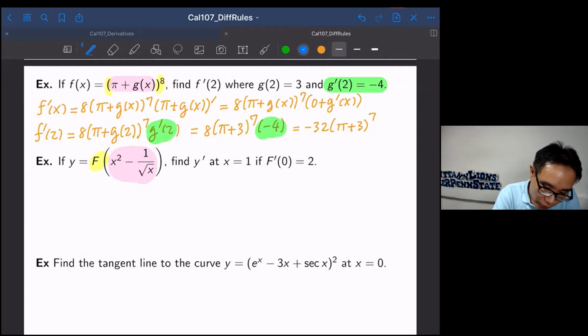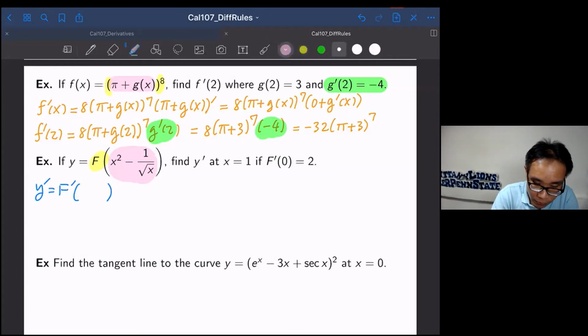So let's differentiate this one. So you get y', and you differentiate the yellow guy of the whole pink guy like this. I don't have to write it down. And you differentiate the pink guy.